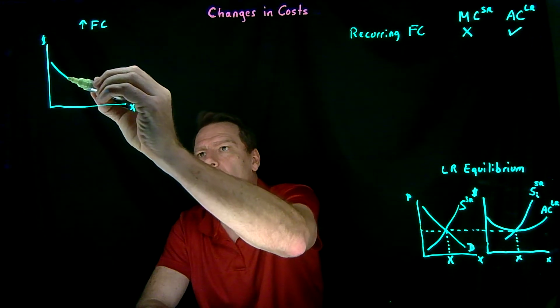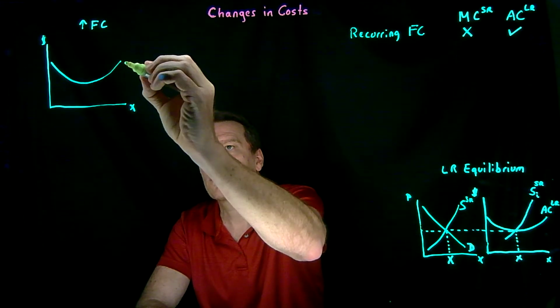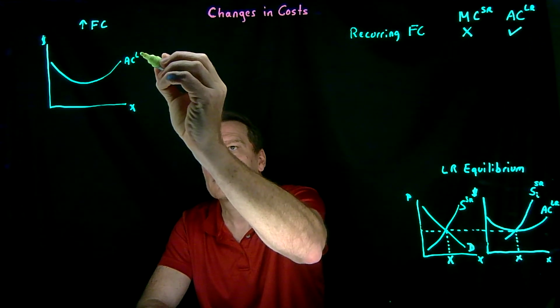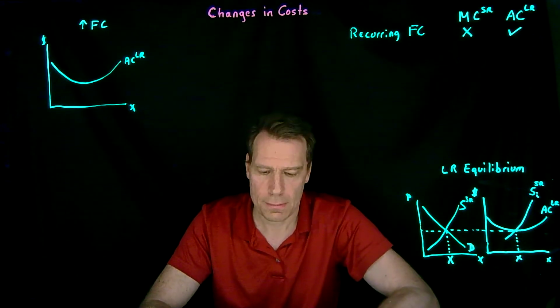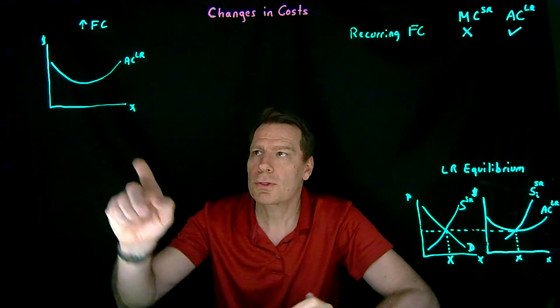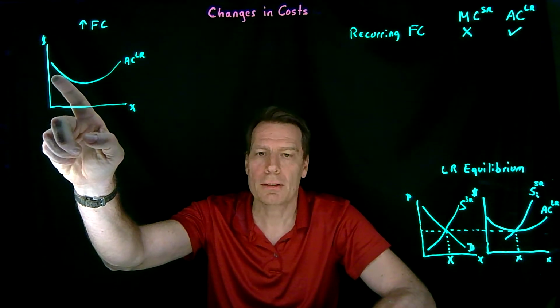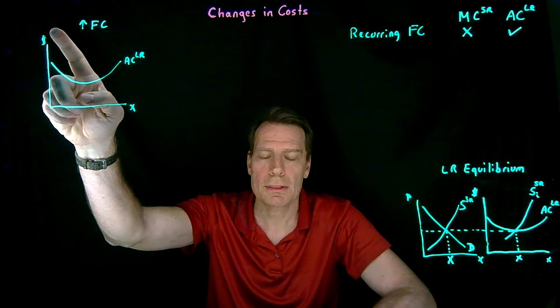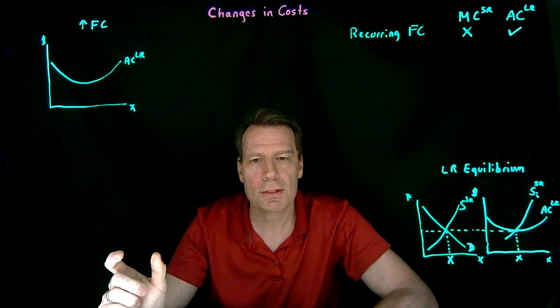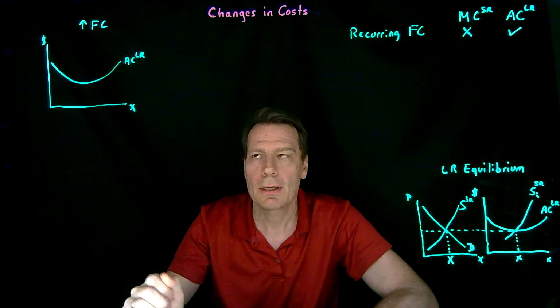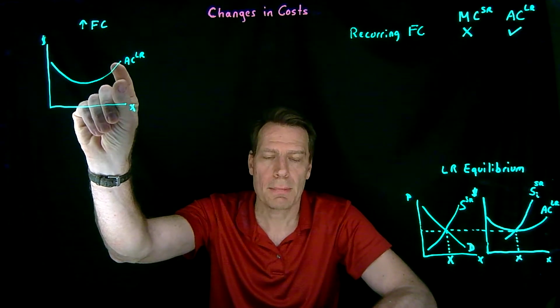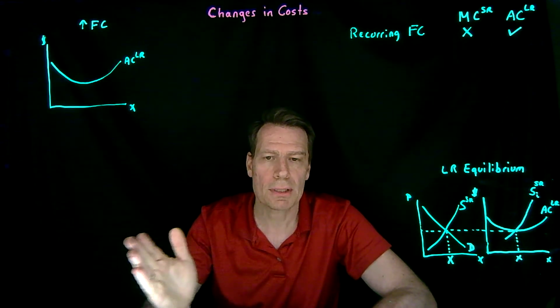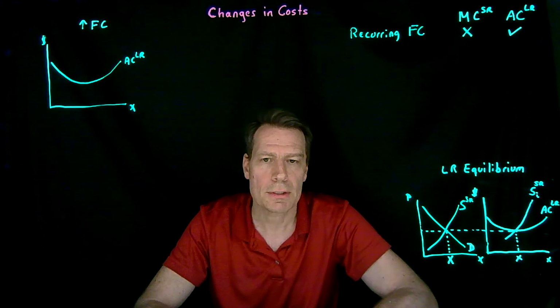So we start with our original long-run average cost curve. And we say, well, what if we add a recurring fixed cost to this? Well, a fixed cost is going to change the average cost a lot if we produce very few units, because we're spreading that fixed cost across few units. But the more units we produce, the less of a difference it's going to make in the average costs, because we're spreading the fixed cost over more units.